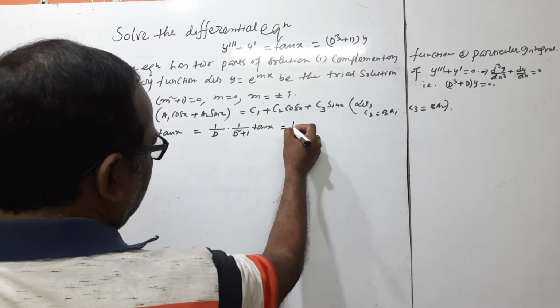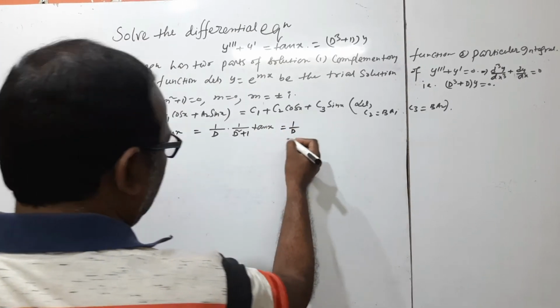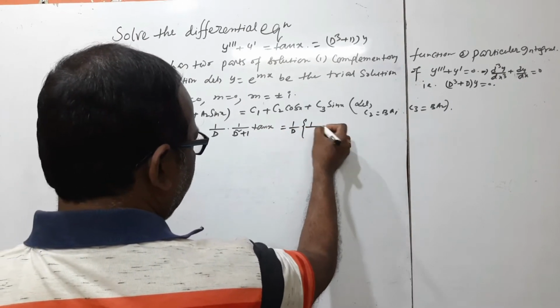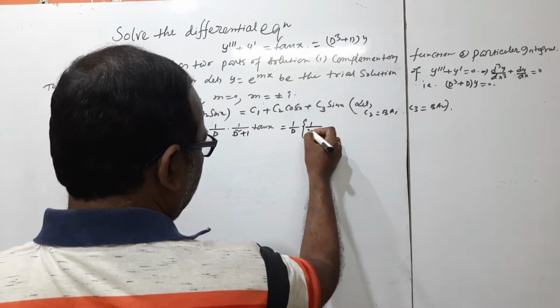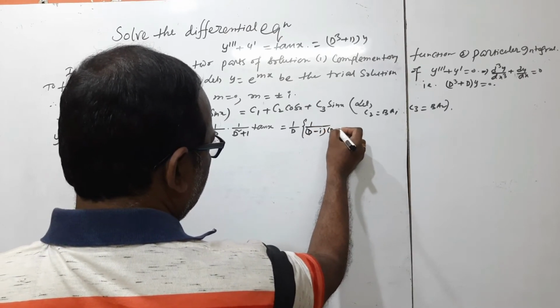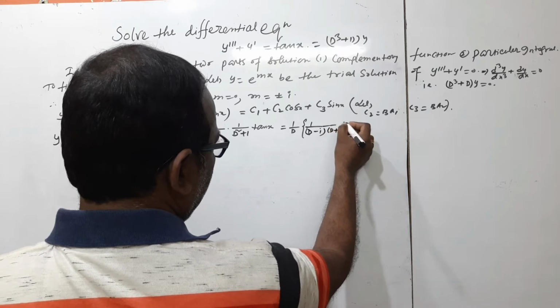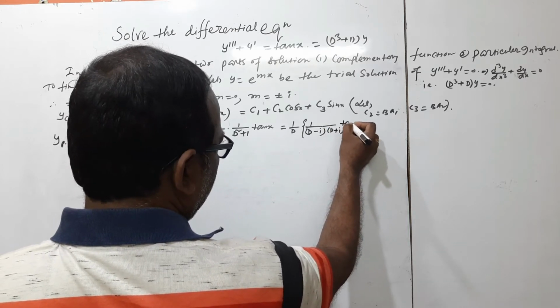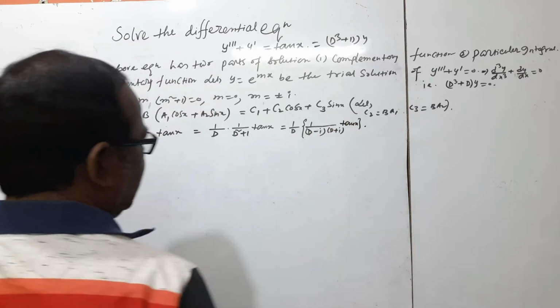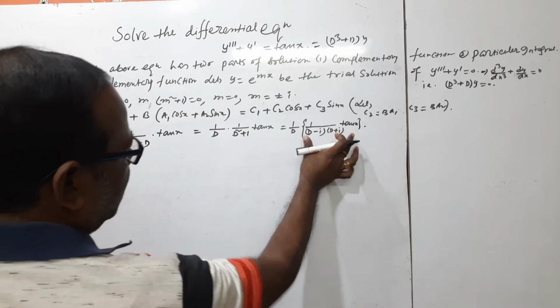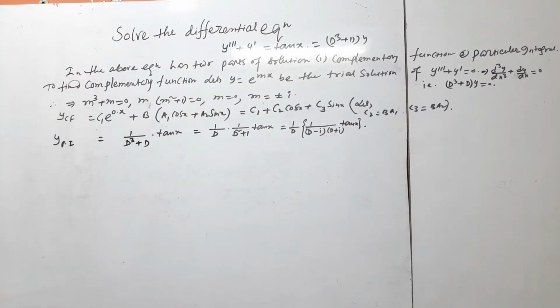Okay, now 1/D, and 1/(D^2 + 1) as a partial fraction, with D minus i and D plus i, into tan x. Now find only this part.